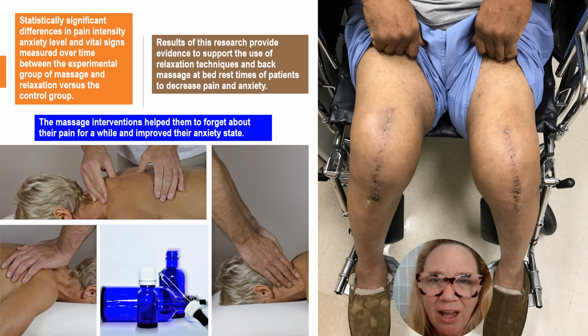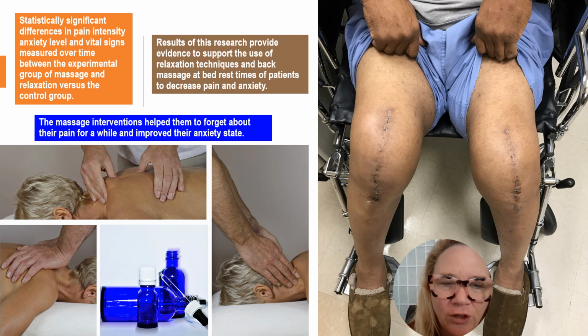Now, what they found with these acute postoperative joint replacement surgeries is that the clients who received the massage had significantly lower pain intensity levels, their vital signs had improvements, and they were relaxed. They literally wrote, the massage interventions helped them to forget about their pain for a while and improve their anxiety state.